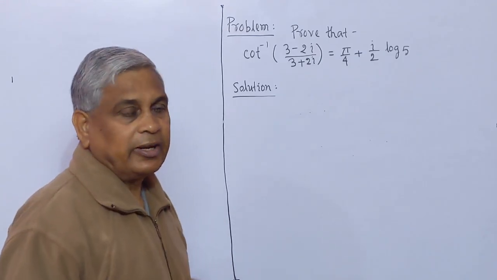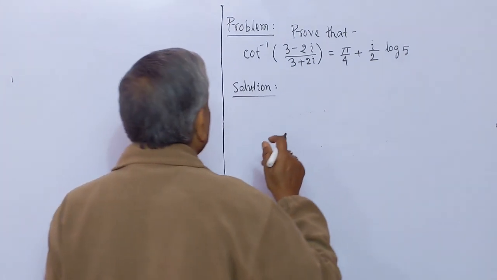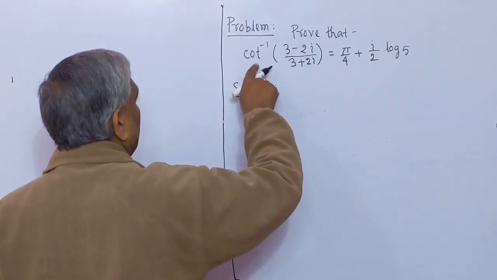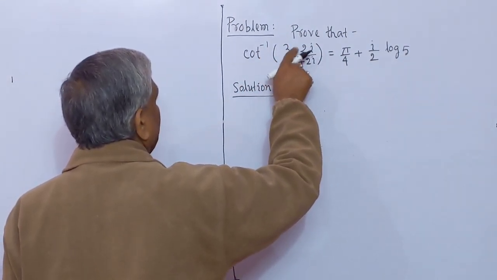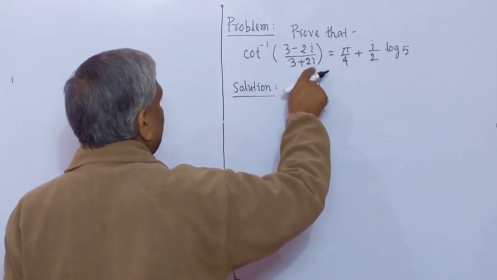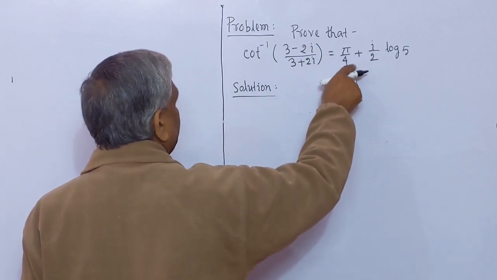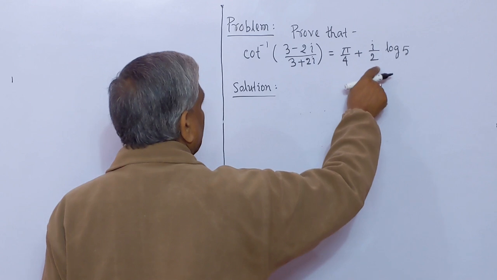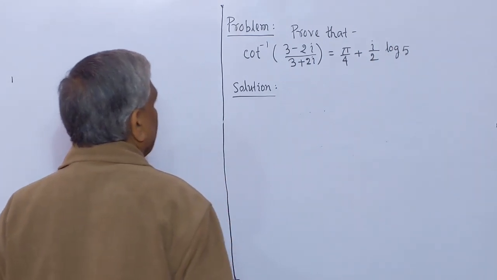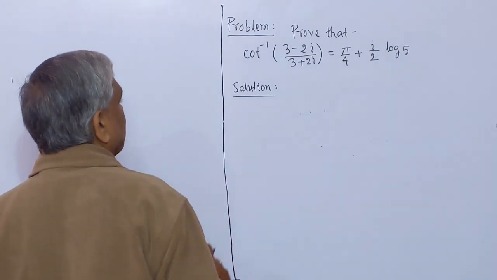Now we solve the next problem. The next problem is: prove that cot inverse of (3 minus 2i) by (3 plus 2i) equals pi by 4 plus i by 2 log 5. Now we solve this.